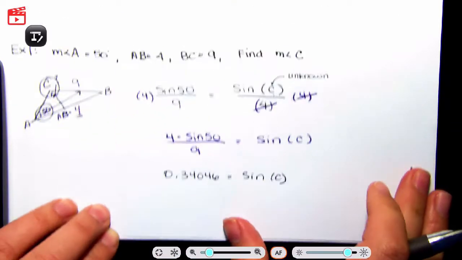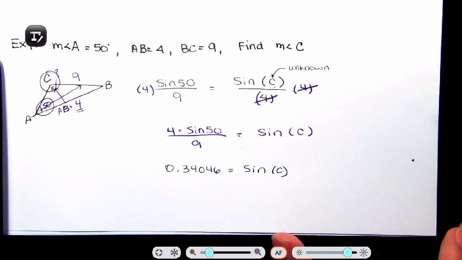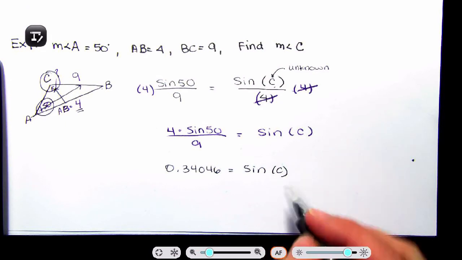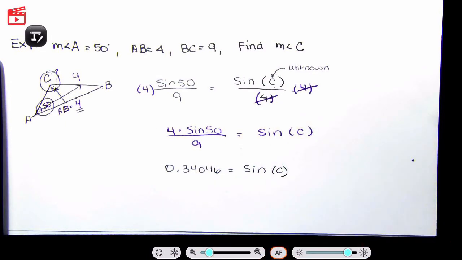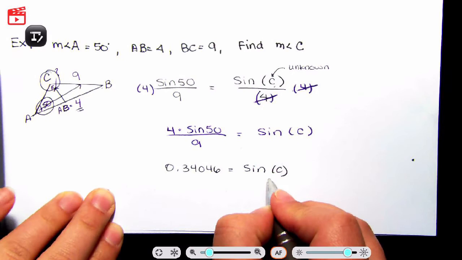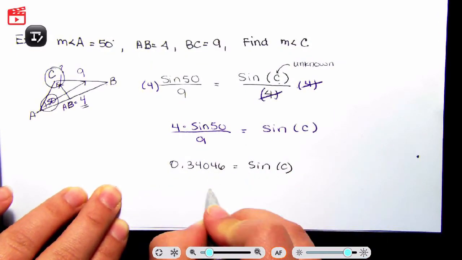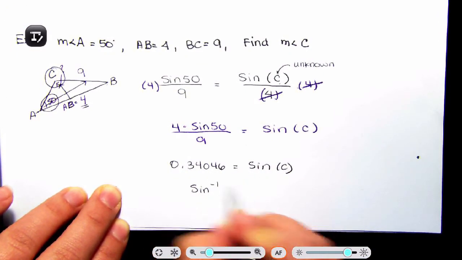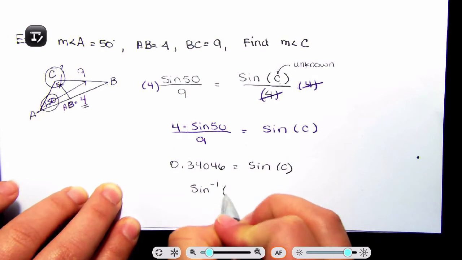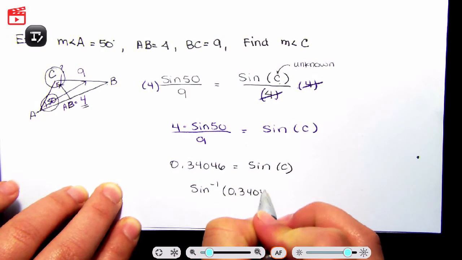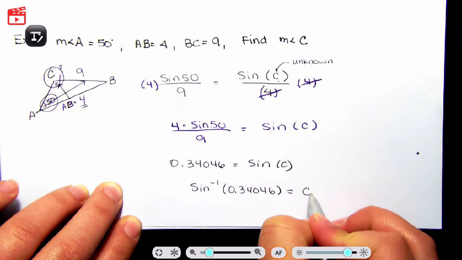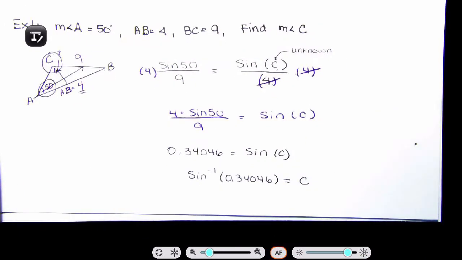If you watched my previous videos, then you know that here, when we're trying to find the angle measure, you could call this theta if you wanted to. We're actually going to be using the inverse of the function. So I'm going to take the inverse of both sides. I'm going to say sine inverse, right? Inverse of sine of 0.34046. That's going to be equal to my measure of C. So in my calculator, I'm going to be pressing second and sine for this inverse of sine.